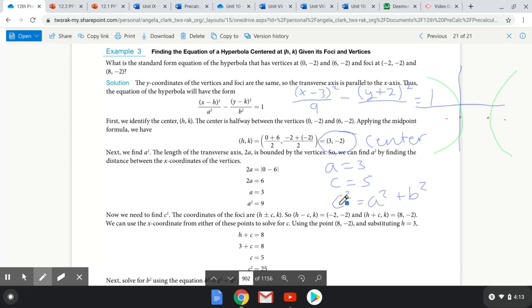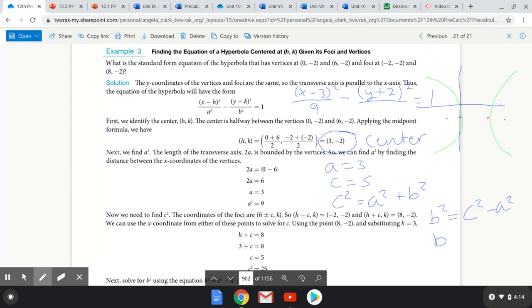For a hyperbola, c is the hypotenuse because it's the longest distance of my a, b, and c. c is the longest distance because it's outside the hyperbola. Okay, so I know this relationship and I want to find b.